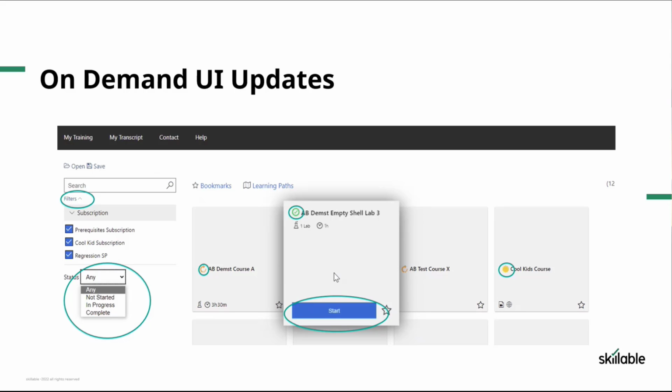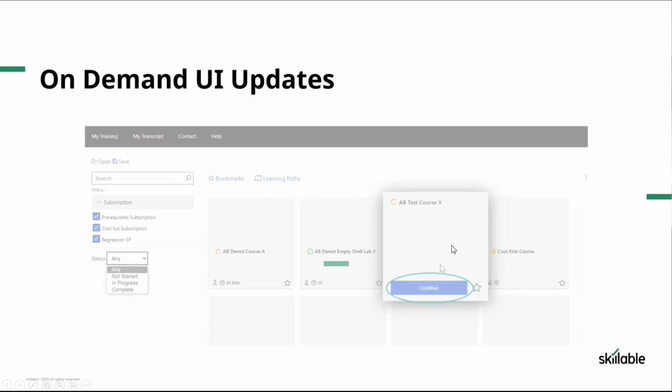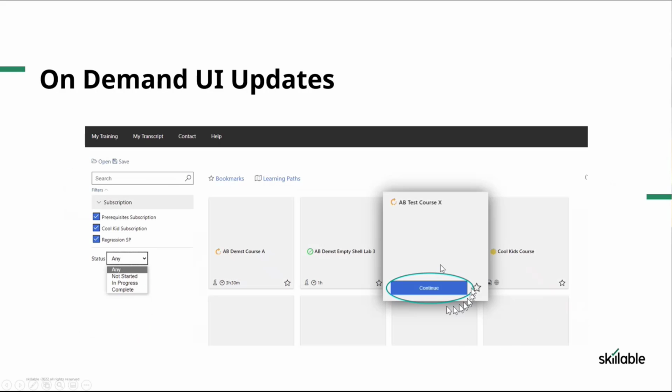If you've got a course that's not in progress, either one you've not started, with the little sun icon, or one with the green tick because you've completed it but can do it again if you need to, that button will say start. However, if you've got courses that are in progress, that button will now say continue.